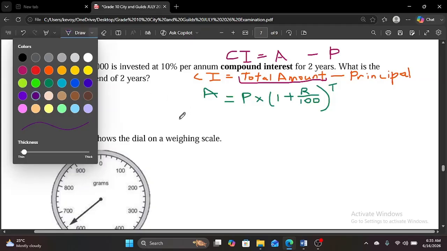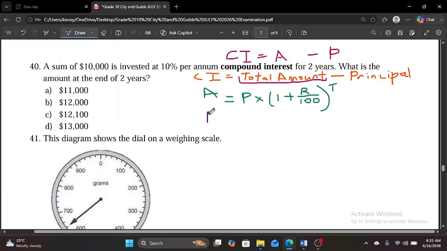A is equal to, and our principal there is just $10,000.